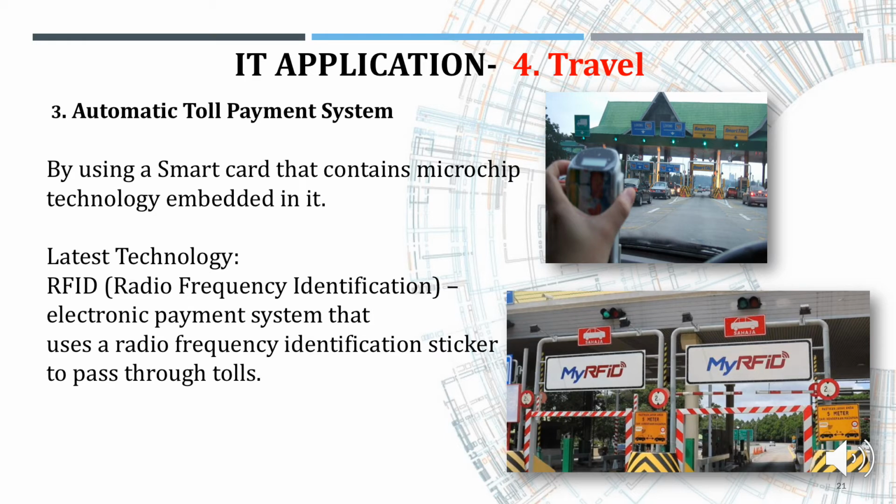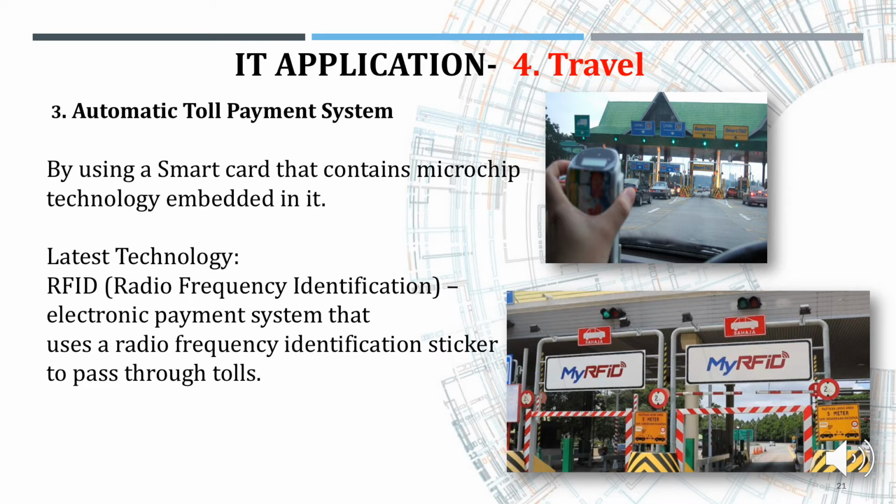And the latest one is RFID, which is radio frequency identification. RFID is an electronic payment system that uses a radio frequency identification sticker to pass through the toll. So you have to use the sticker, then you can pass the toll.